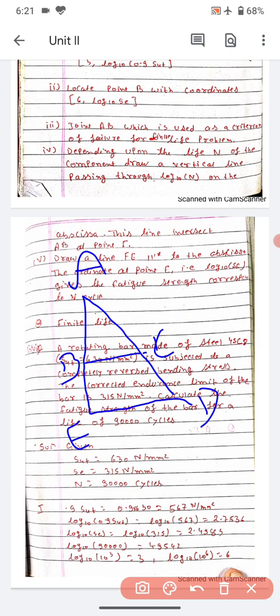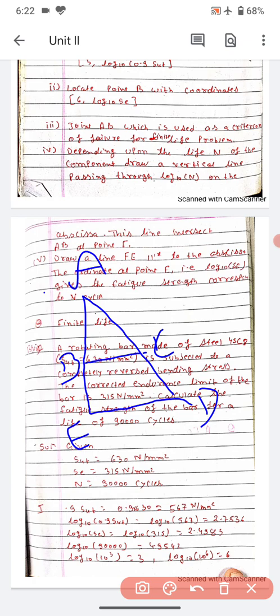Since both are right angle triangles and one side is common, they are similar triangles. You need not prove whether the triangles are similar or not.